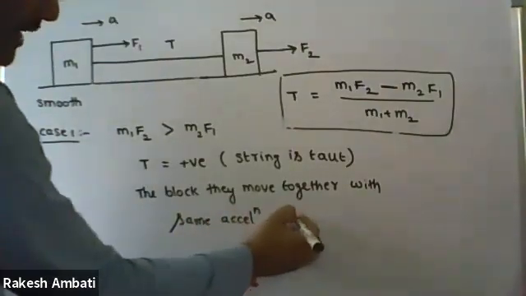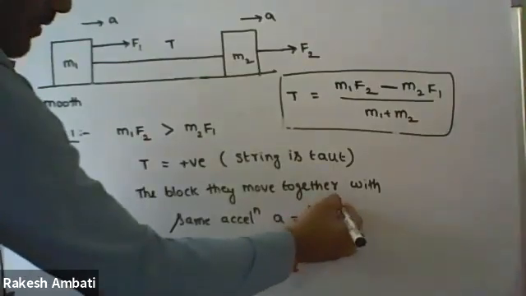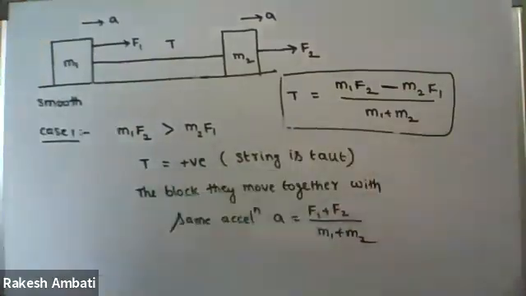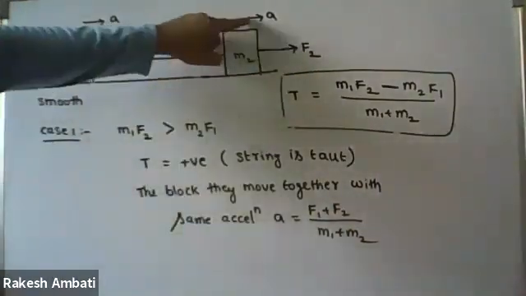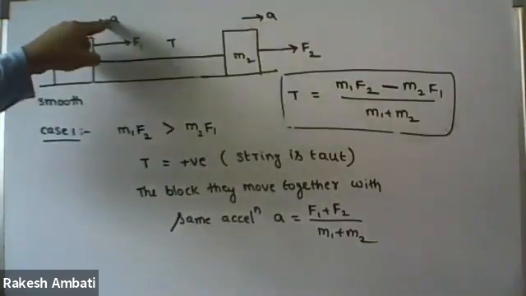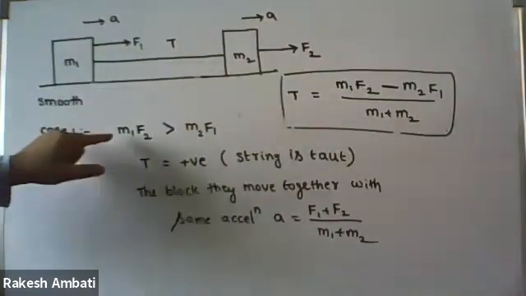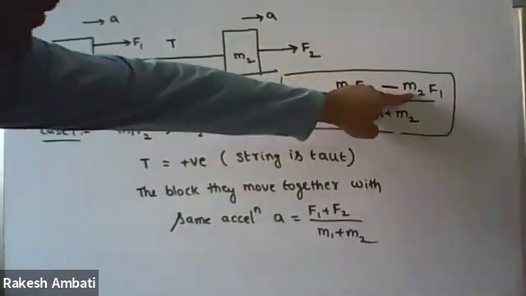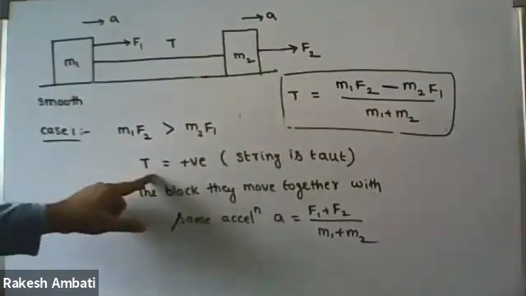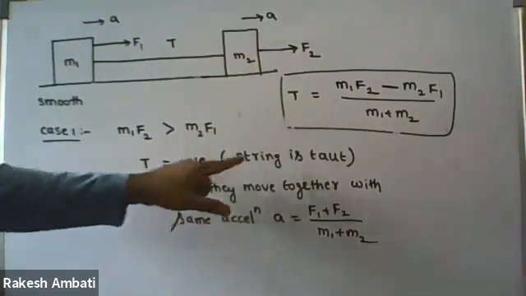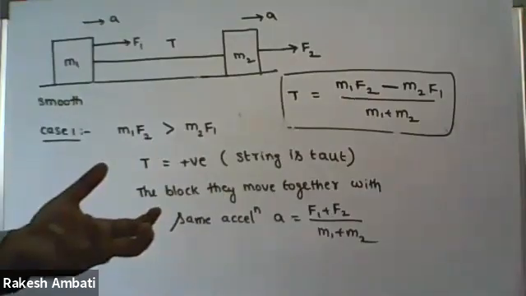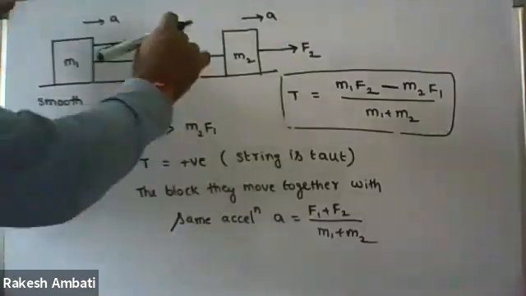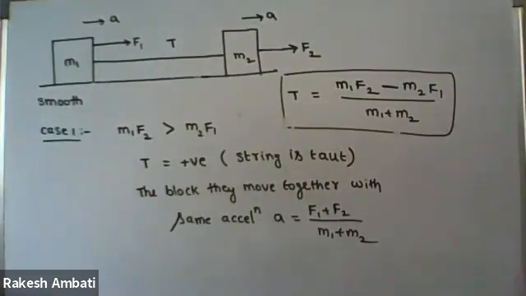A equals, already we have the formula, resultant applied force upon sum of the masses. So the two blocks will move together with the same acceleration only under this condition: if M1 F2 is greater than M2 F1, tension force becomes positive, which means the string becomes taut.